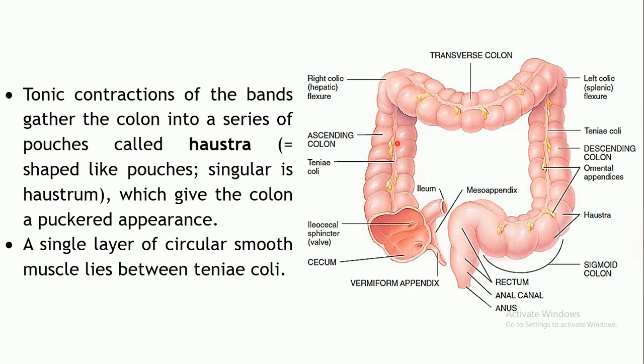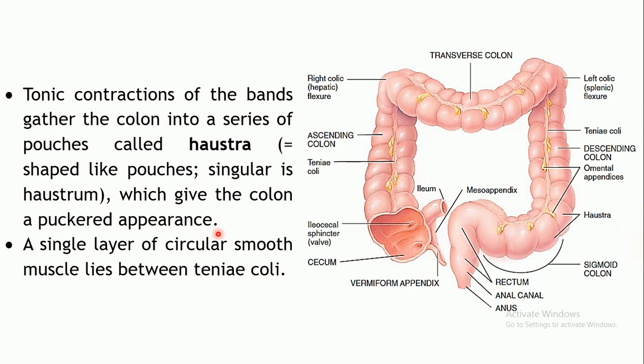Now these bands of longitudinal smooth muscle pull the colon and put it into small pouch-like structures. As you can see throughout, it's not smooth, unlike the small intestine, where the surface is smooth. So it is put into several small pouches called haustra. This gives the large intestine, or the colon specifically, a puckered appearance.